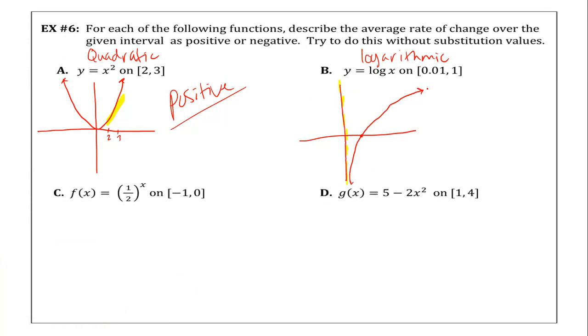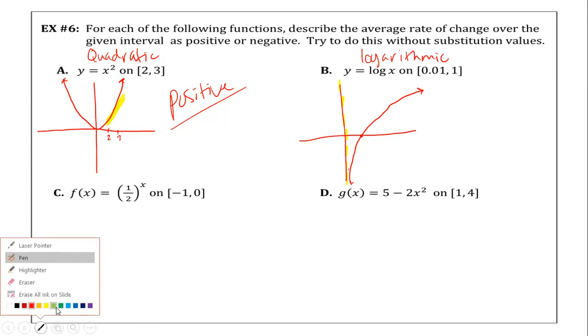All right. And so it says from 0.01 to 1. So from 0.01, which is real tiny right here, as close as possible to 0, but we're not actually at 0. So from this point all the way down here up to here, what is my slope doing? Negative. You read from left to right, so it's positive.